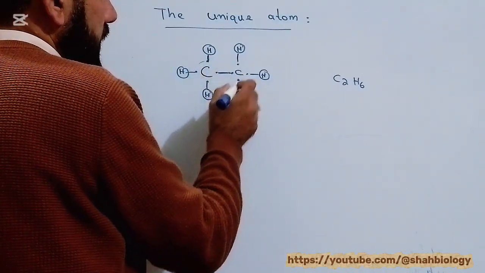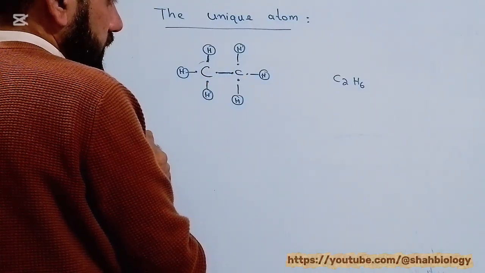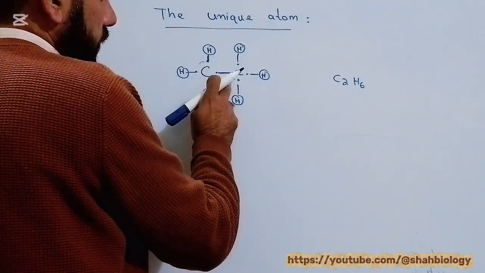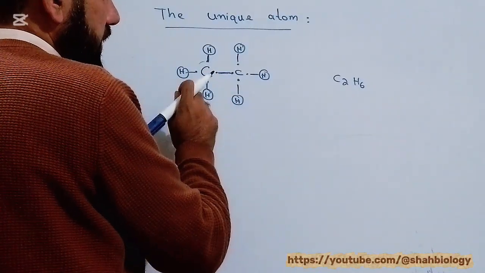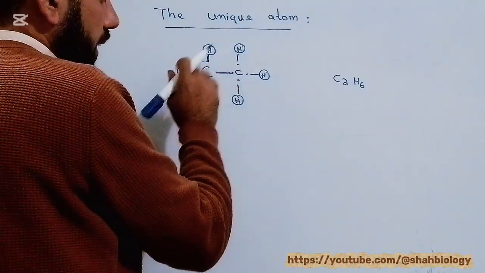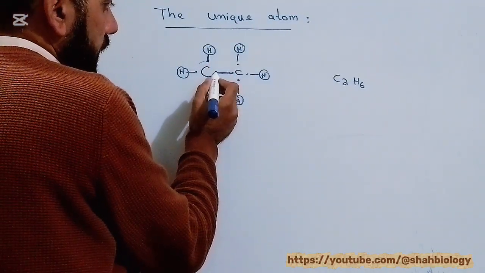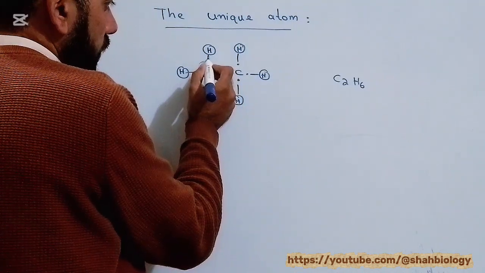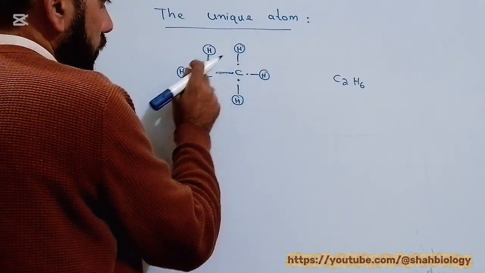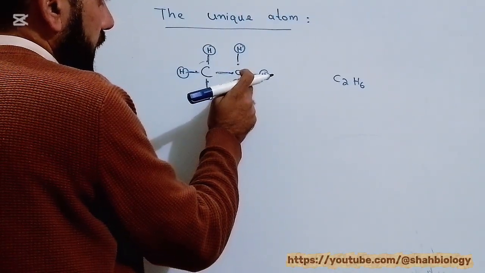These bonds are covalent bonds, and both carbon atoms show tetravalency. Both are forming four covalent bonds. See here, this bond, this bond, this one, and this one. One, two, three, four. Look at the second carbon atom.